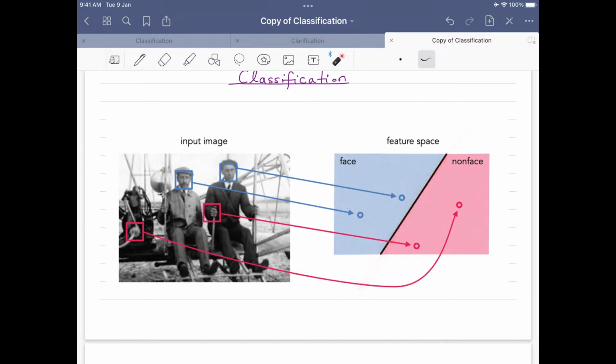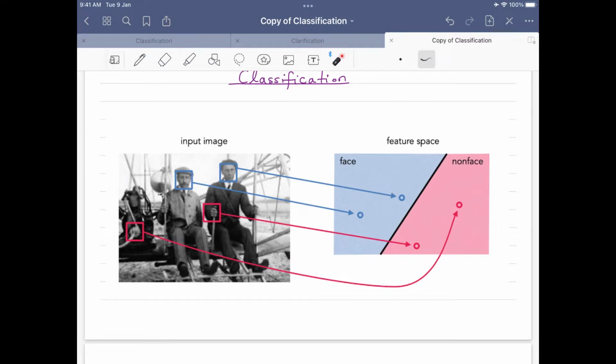In the earlier case when we were discussing regression, we came up with a line or a surface which can predict the value when you pass a test sample to it. This particular problem is different, because in terms of the prediction, here you are classifying into two classes, either face or non-face. The boundary has to be learned using the optimization strategies which we have discussed earlier, for example gradient descent.